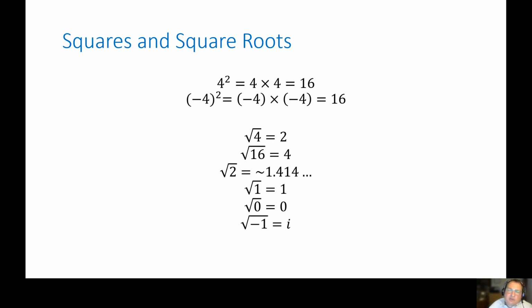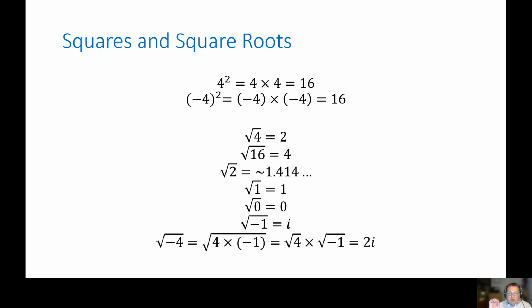But mathematicians found it useful to define such a number, call it an imaginary number. It's called i, and its value is defined exactly as shown here. i is the value of square root of negative 1. And this opens the door to calculating square roots of any negative number.